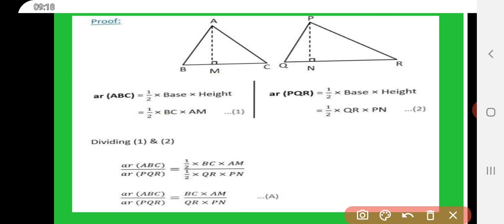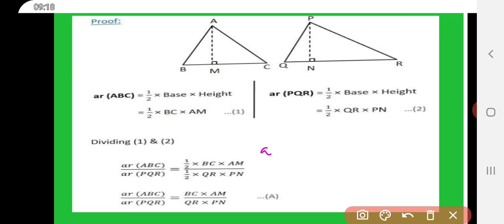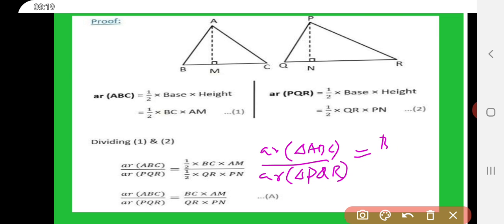Now, if we can prove BC by QR is equal to AM by PN, then we can write area of triangle ABC by area of triangle PQR is equal to BC by QR whole square, and the theorem is proved.